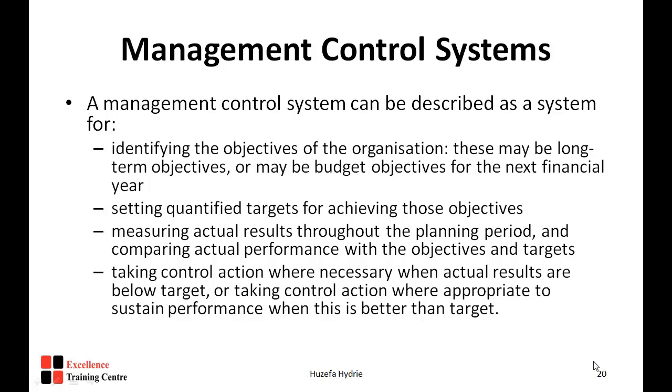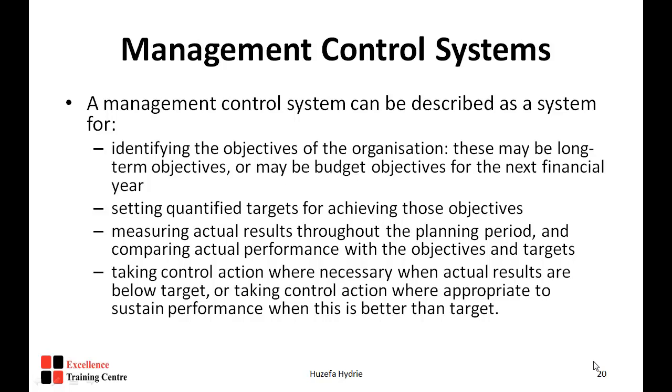This word quantifiable is very important, because there are certain targets which are non-quantifiable. That happens mostly with not-for-profit organizations. The key performance indicators that we have in not-for-profit organizations are not quantifiable.